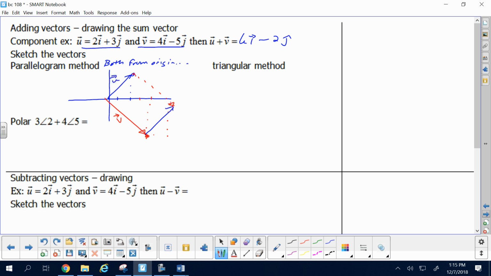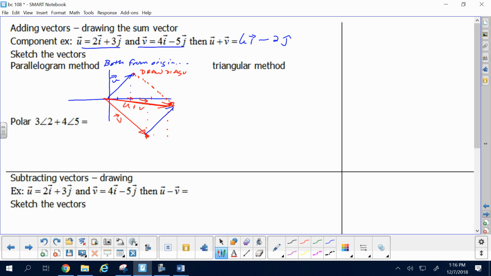The net result then overall, or the sum of the two, is actually that guy. That diagonal is u plus v, and you can see it looks like right 6 down 2. At least if I get it well to scale. You tracking? All right. That's the parallelogram method, where you do both from the origin and you draw the diagonal.